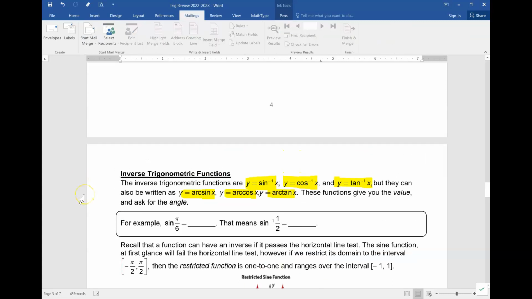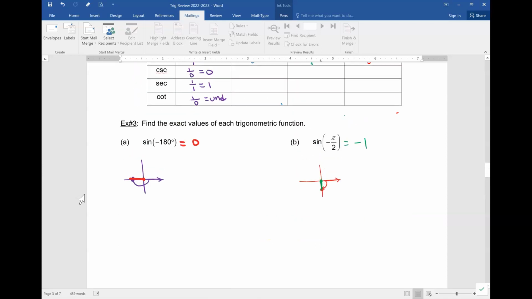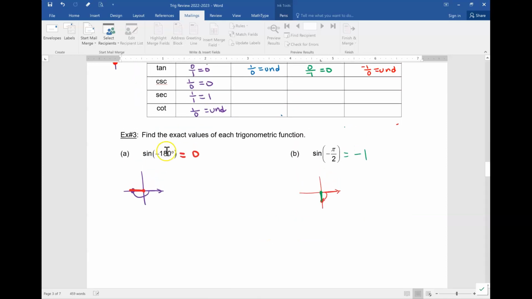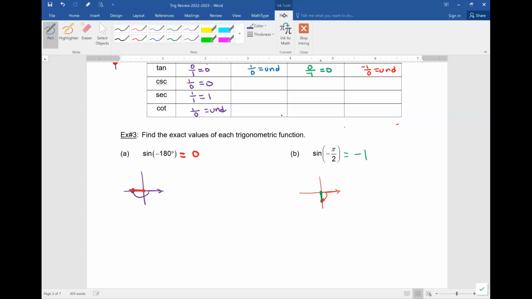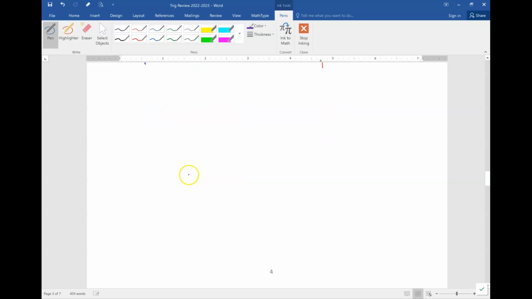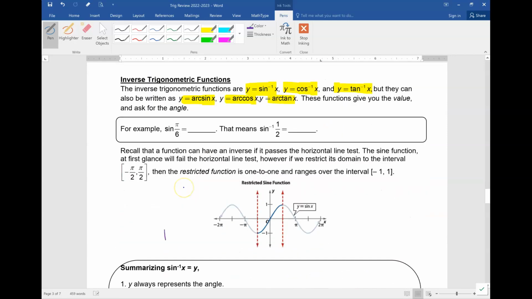So until now, you were given the angle, you needed the value. Now it's going to go in the opposite direction. You're going to be given the value and you need to find the angle.